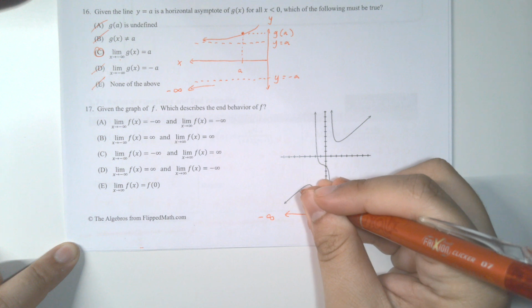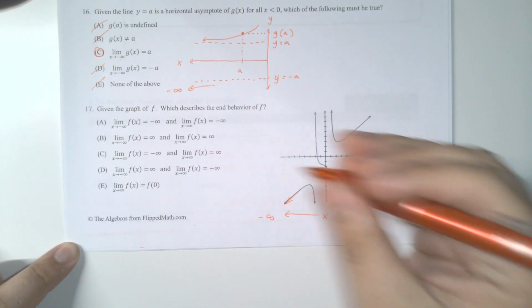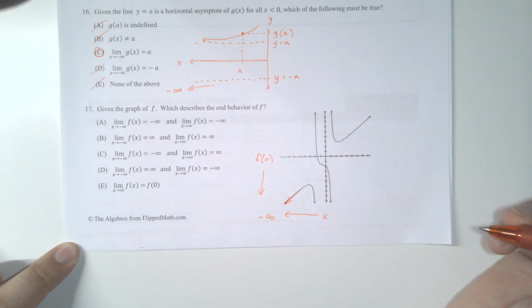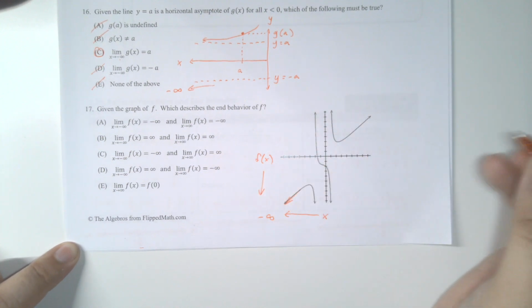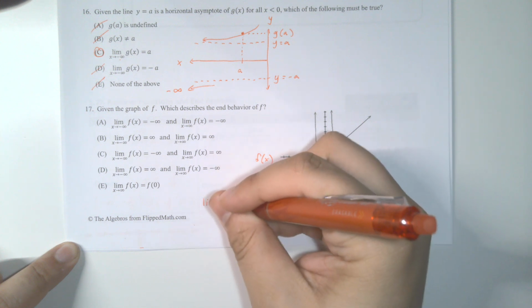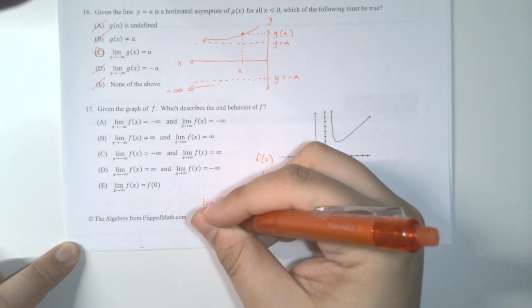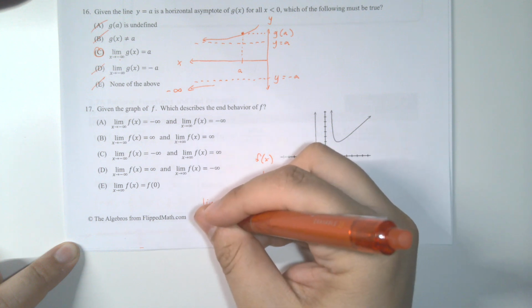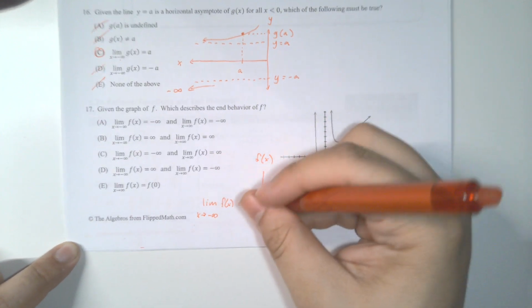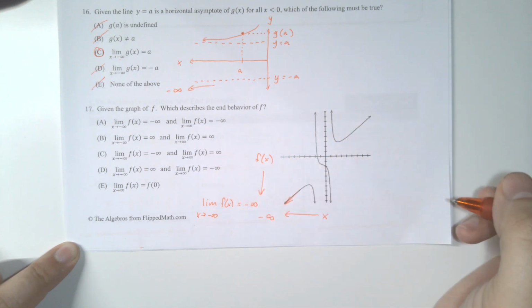Our function is going downwards like that. So f of x is going down. We describe that type of behavior with the limit of f of x as x goes towards negative infinity. f of x is going down also towards negative infinity.